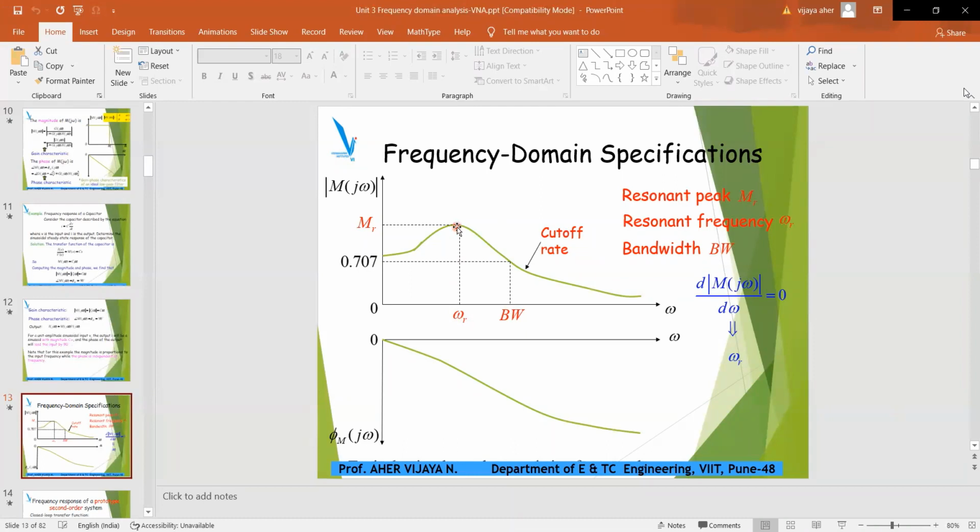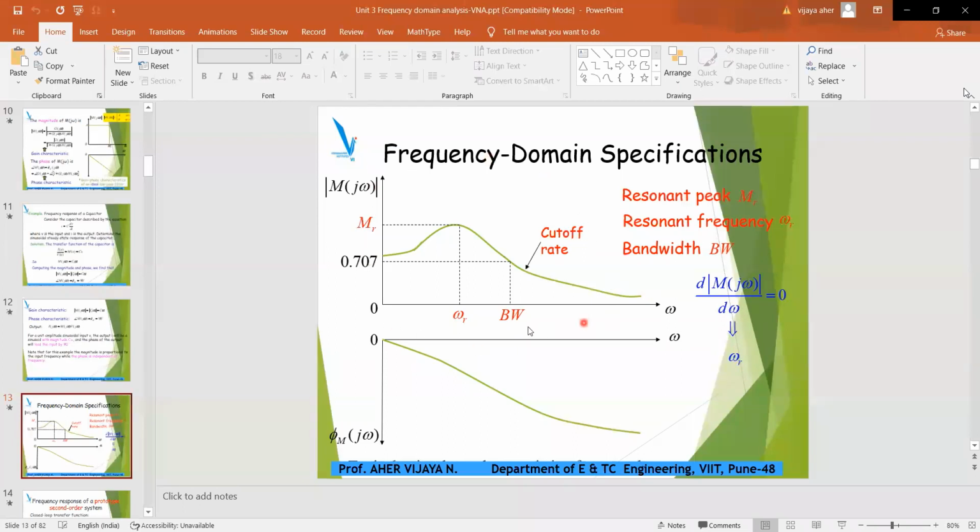If you take 0.707 of this magnitude, you get these two points. Join these two points, and from this point to this point is your bandwidth. We calculate the resonant frequency using this equation: take the derivative of magnitude equal to 0. This is the equation for resonant frequency omega r.